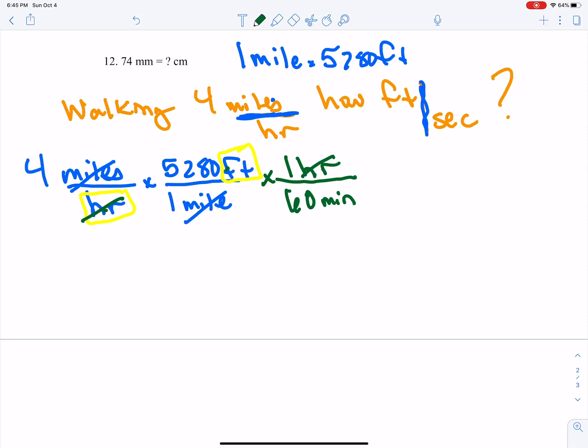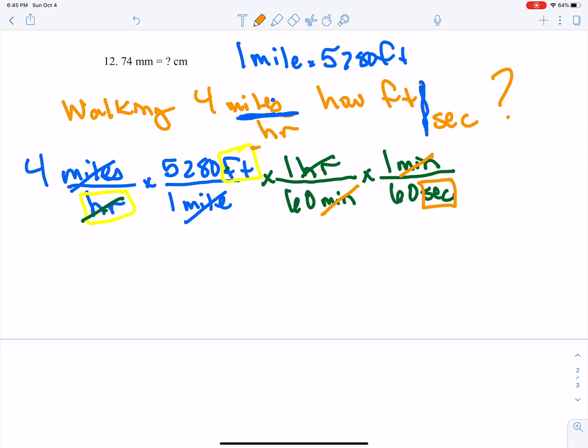Well, I don't want feet per minute. I want feet per second, so I need one more step. I've got to get rid of minutes. So 1 minute is 60 seconds, which means minutes cancel out, and what am I left with? Seconds. So I have feet per second.